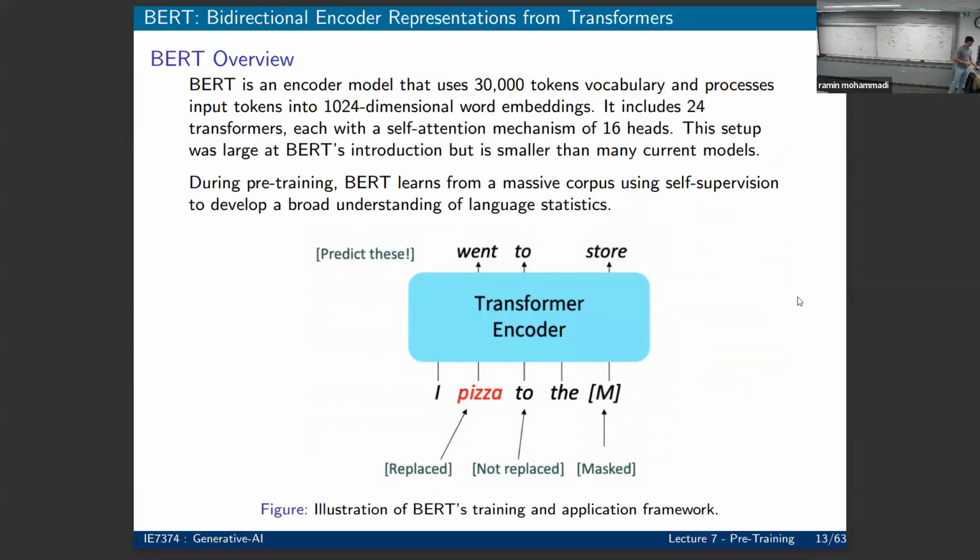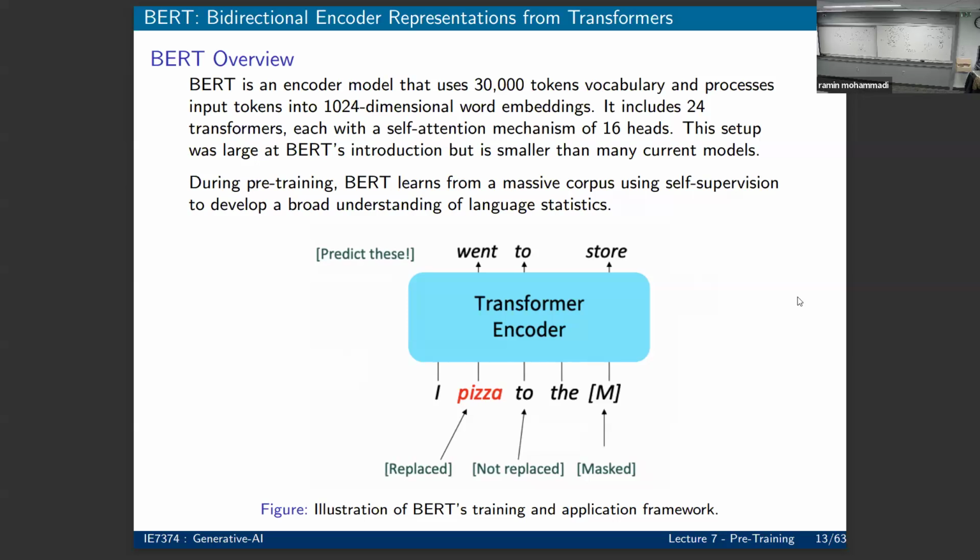Now, let's just start with BERT. BERT was developed by Google. Let's look at it here. It has 30,000 tokens, which means the dimension of the vocabulary was 30,000.